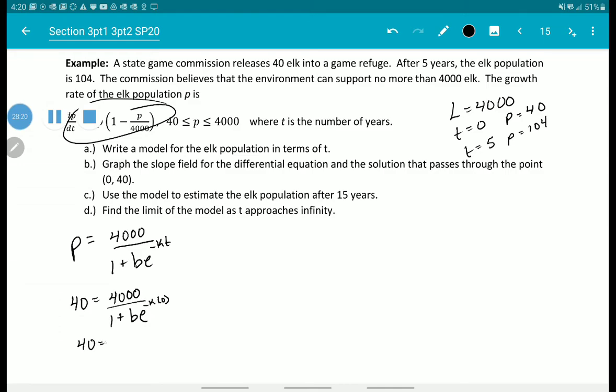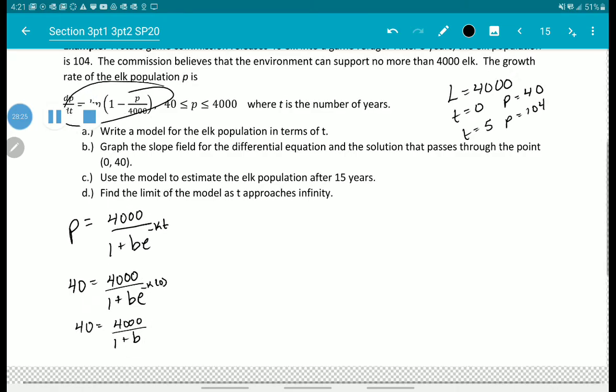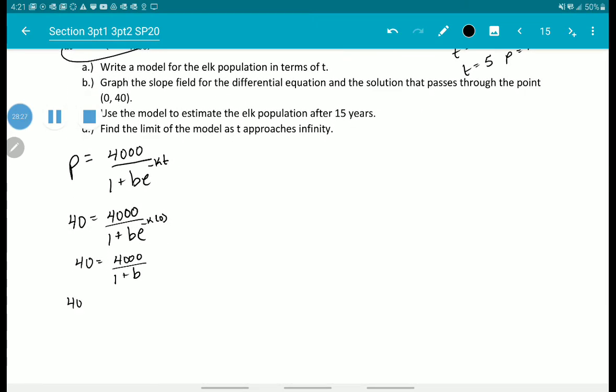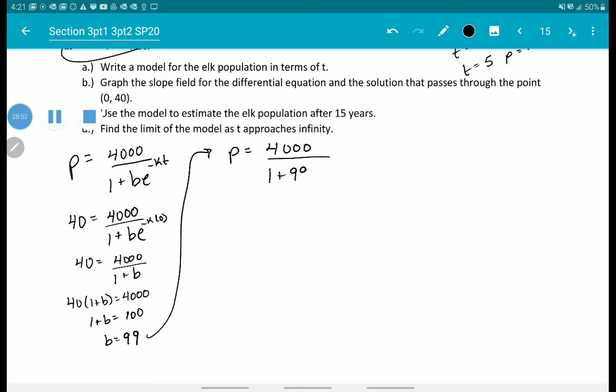So 40 is equal to 4,000 over 1 plus B. So 40 times 1 plus B is equal to 4,000. 1 plus B is equal to 4,000 divided by 40, which is 100. So that means B is equal to 99. So now we know that population is 4,000 divided by 1 plus 99 e to the negative kt.